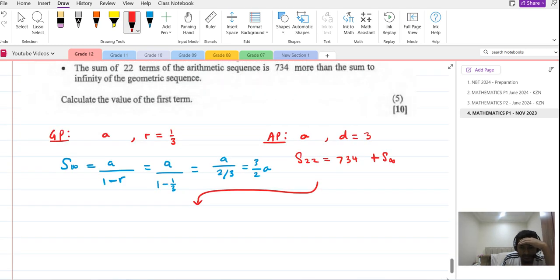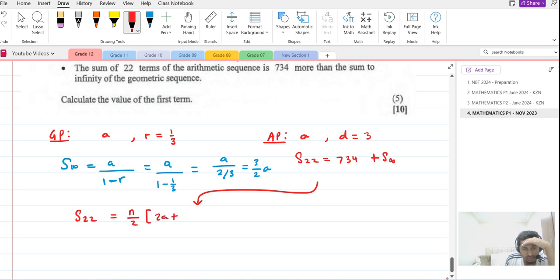S22 is an arithmetic sequence, so let's work out S22 as well. That's n over 2 into 2a plus n minus 1 d. So that's going to be 22 over 2 into 2a plus, n minus 1 is 22 minus 1, which is 21. And what's d? d is 3.